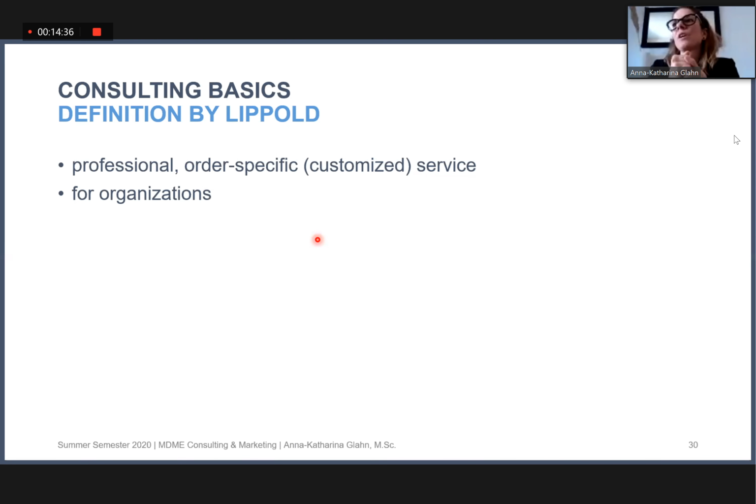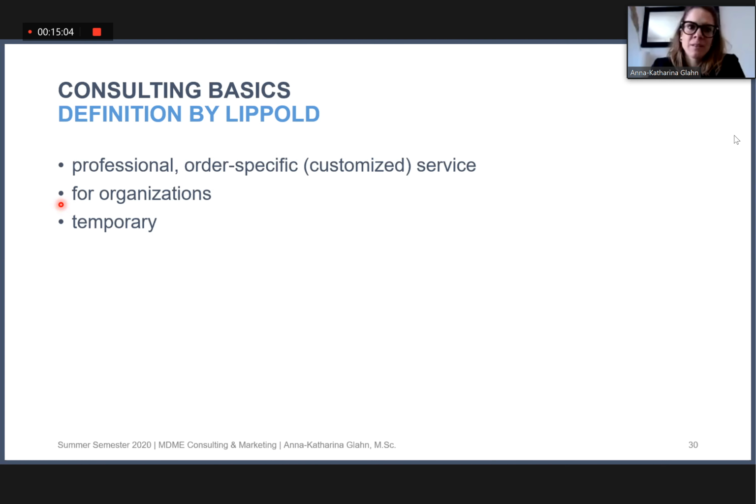Of course, you can also offer some consulting services to non-organizational people, like life coaching or something like that. But then you call it life coaching or therapy or guidance. And if we're talking about consulting, it's mostly in the professional and organizational focused scene.